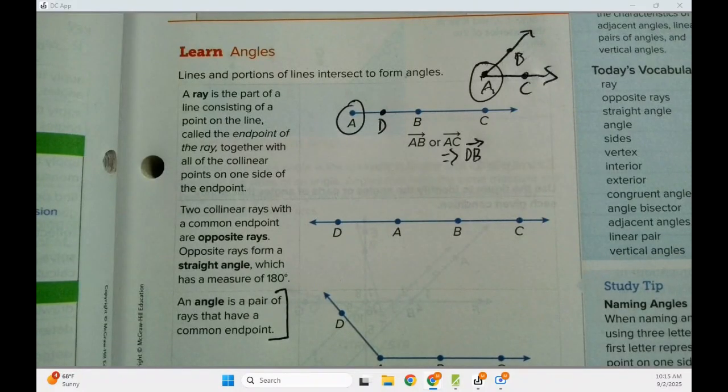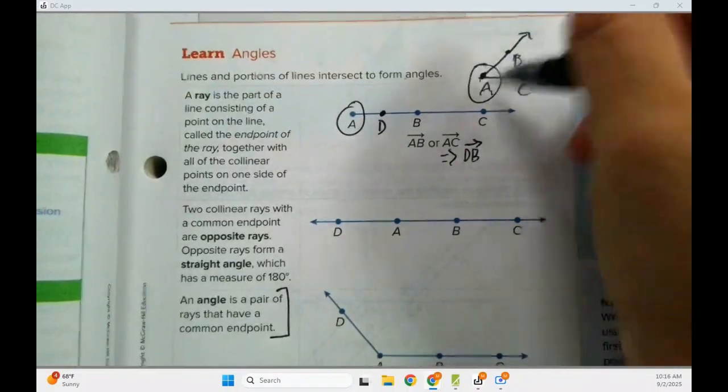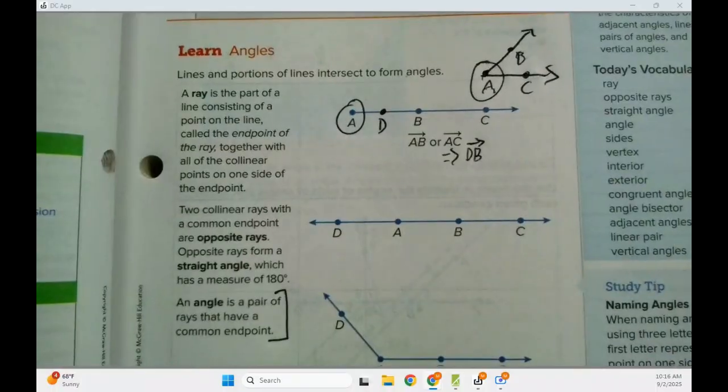That lets us name angles now, okay? We're sequencing it so that by naming the rays this particular way, we can now name angles. When you name an angle, you name the angle based off of 3 points, A, B, C, whatever 3 points you have.